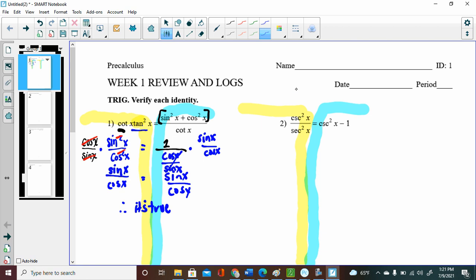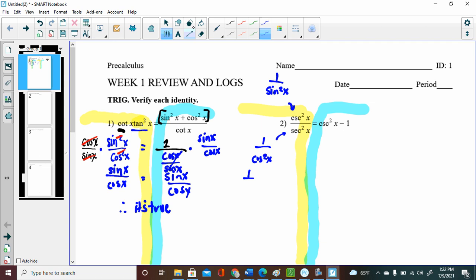I have cosecant squared x, so that's going to be 1 over sine squared x right there. And secant squared x is going to be 1 over cosine squared x. I'm going to leave this other side by itself and just simplify right here.